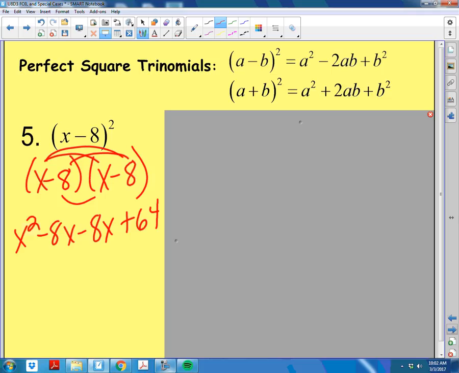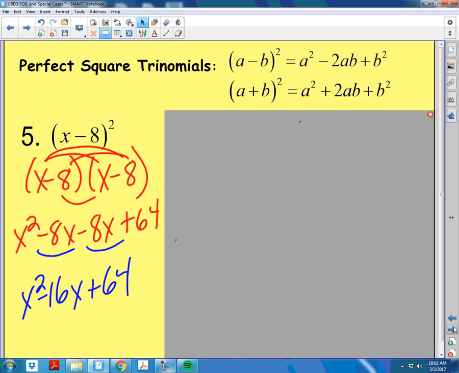Now, in this case, do our middle terms cancel? They do not. Minus 8x does not cancel. In fact, what it is, x squared minus 16x plus 64.